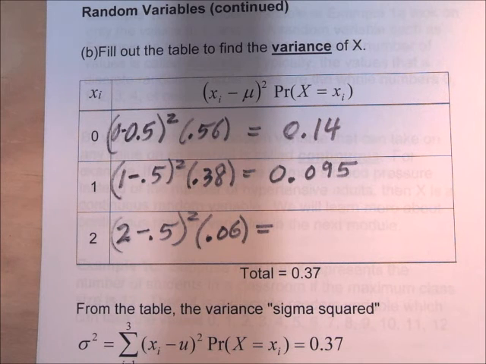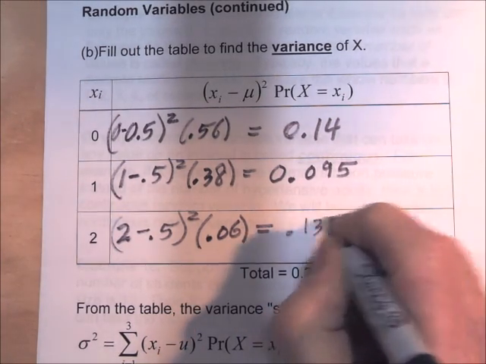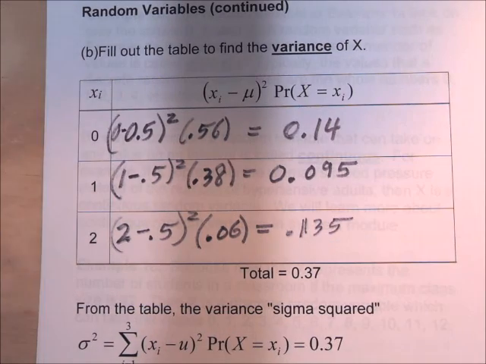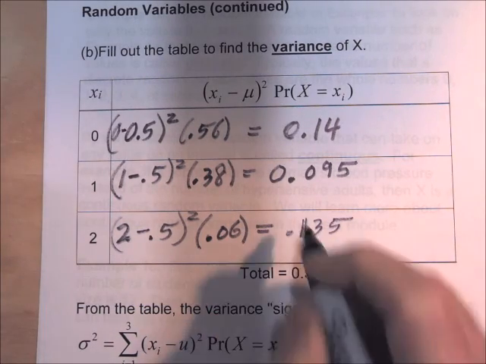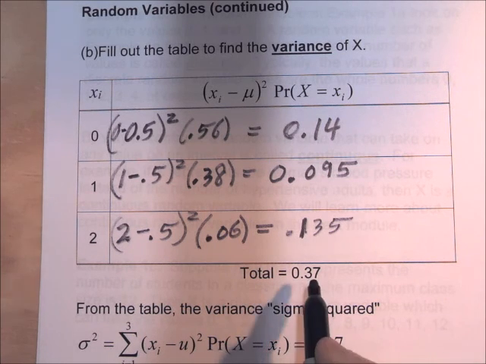So 2.25 times 0.06, we get 0.135. Okay, so if we add these up, plus 0.095 plus 0.14, I get 0.37.